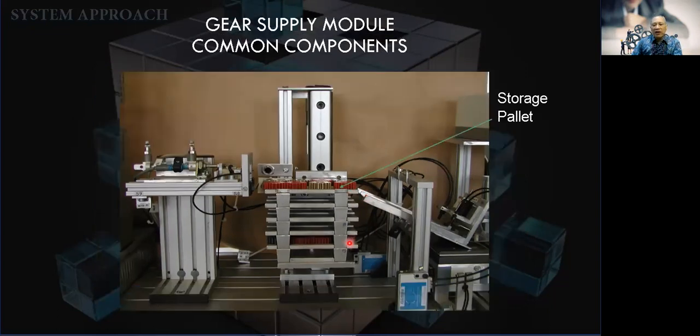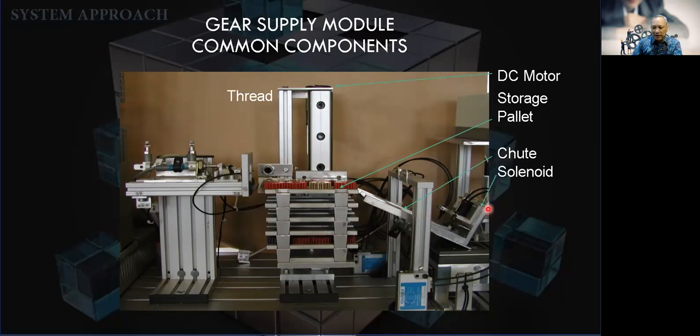So if you look at this, let me just show you the parts. In this module, there's a storage pallet. Pallets are stored in here, and then there is this DC motor that drives some part in here, and then the chute is where this part is moving down and will be stopped by a stopper driven by a solenoid here.